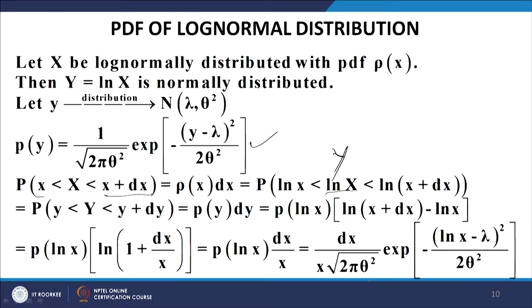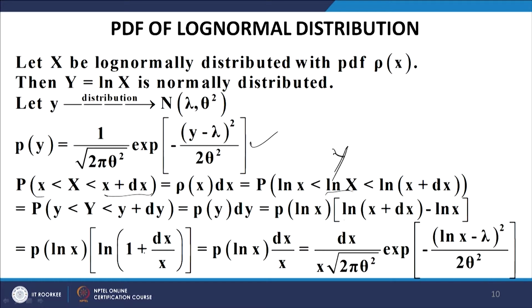You get log of x plus dx minus log x, that gives you log of 1 plus dx upon x, which you expand to the first term, you get dx upon x. So, this whole term translates to p of log x into dx upon x.